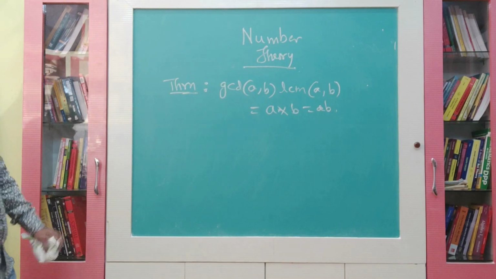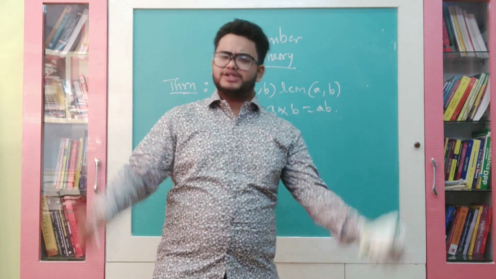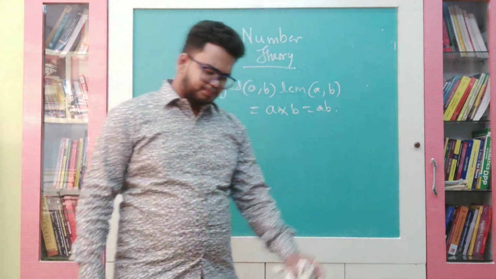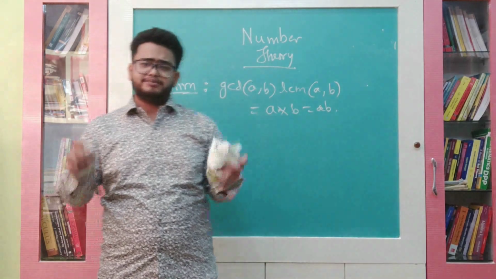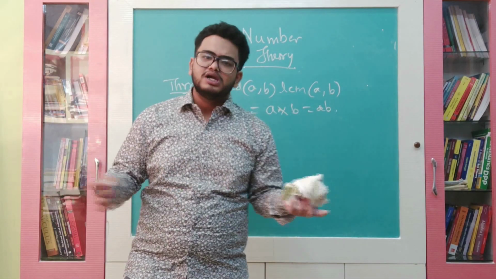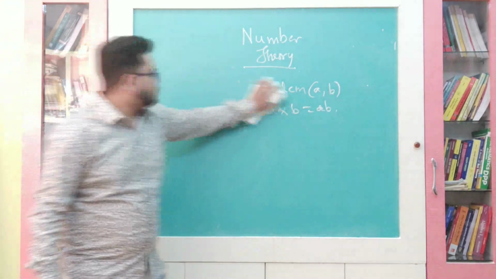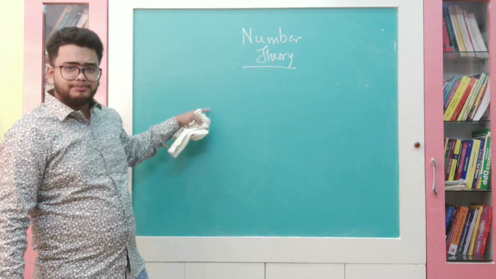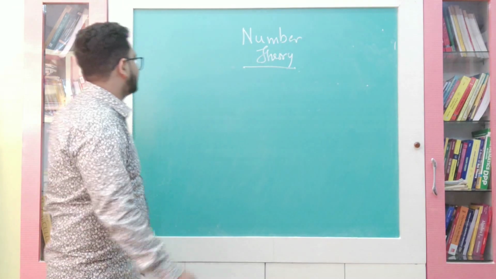This theorem can be proved by using Bezout's lemma, but I'm not going to prove it. There is a very simple way using the fundamental theorem of arithmetic and prime factorization to prove this. Now I'm going to talk about the fundamental theorem of arithmetic, and I will prove the theorem I had written previously on the board using that.